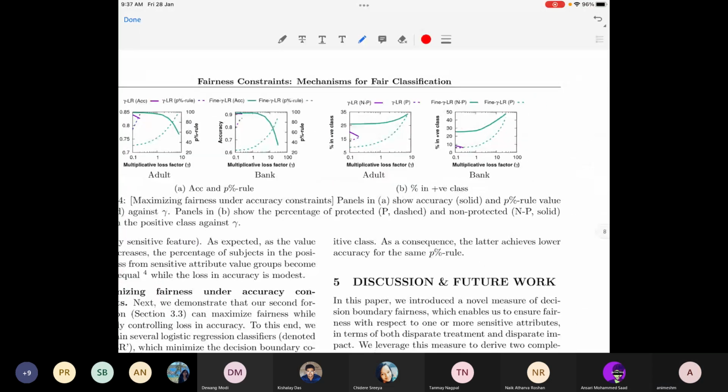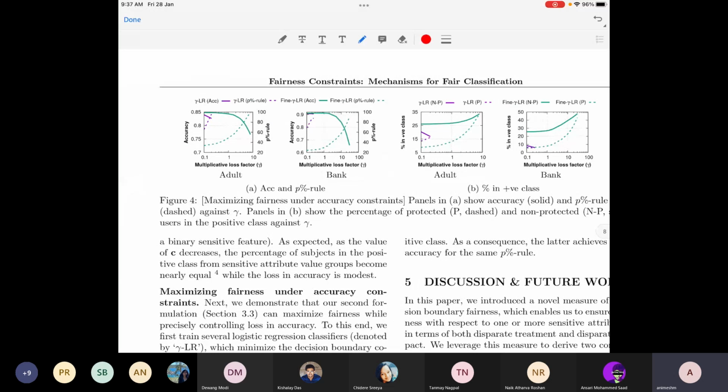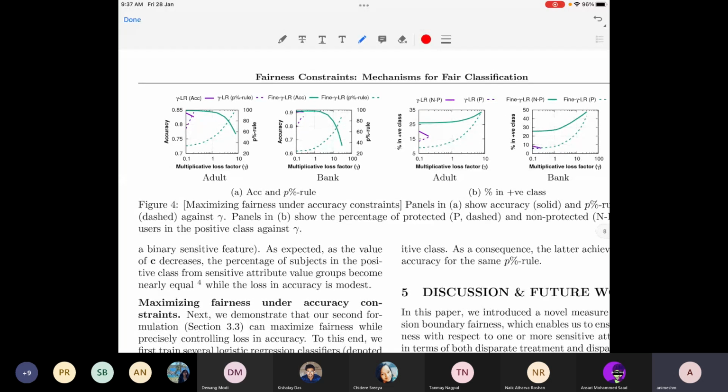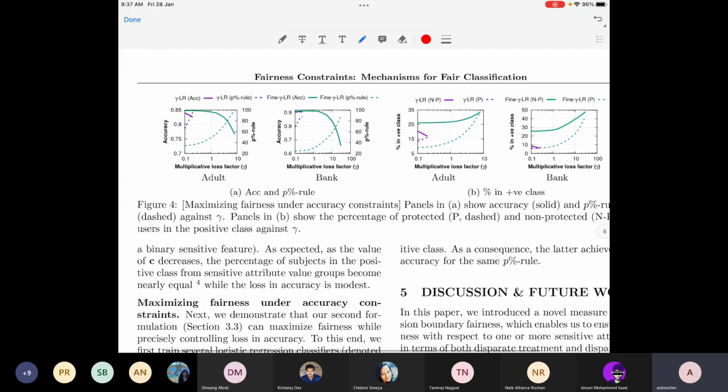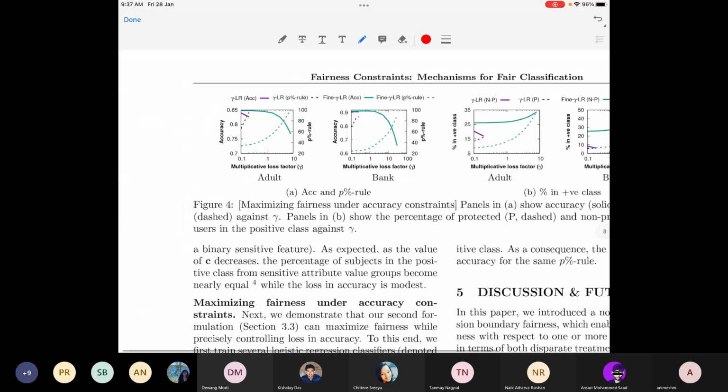So that was when they were trying to maximize accuracy under fairness constraints. Now the same thing they also tried on the other side, as we said, where they had the accuracy constraints and they were maximizing fairness.